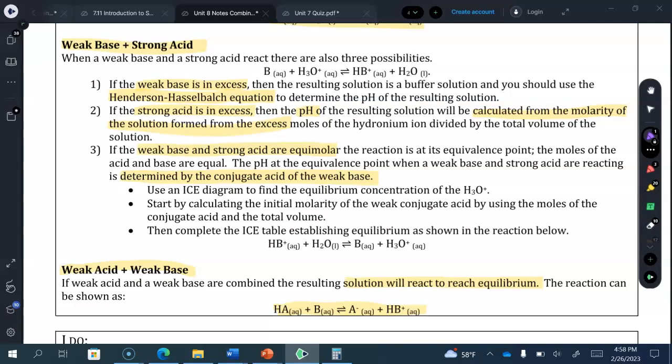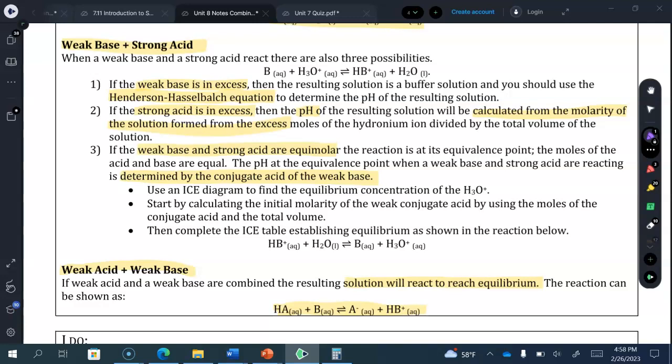If the weak base and strong acid are equal molar, then it's at its equivalence point and the moles of acid and base are equal. And so then you can determine the pH by the conjugate acid of the weak base. So it's flipped. The conjugate acid is still present in the solution, so it'll form an equilibrium with its base, and you have to determine what is present.